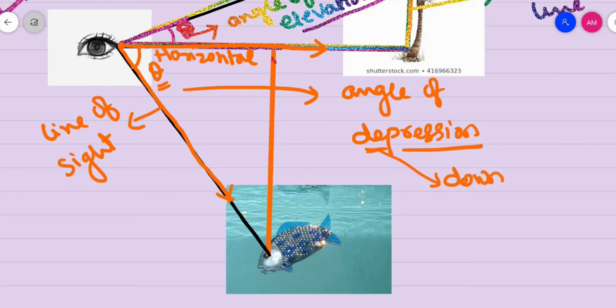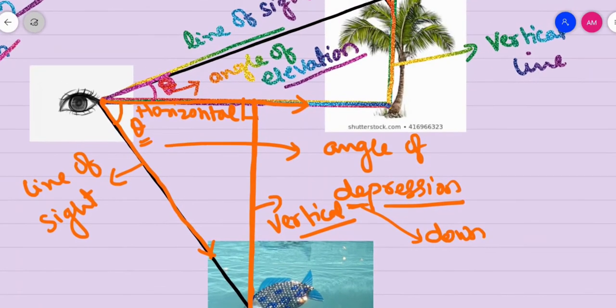Now see, if you draw a line from the fish vertically over the horizontal, then this line is known as vertical line. Now children, here you might have understood that by hook or by crook, you have to make a right angle triangle. See, in both the cases, we have made a right angle triangle.